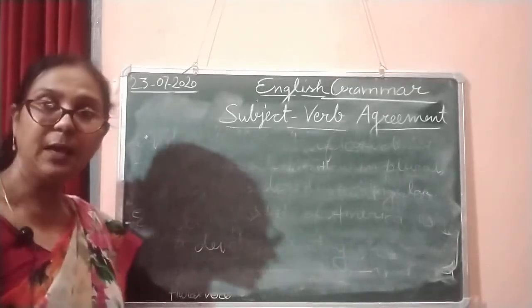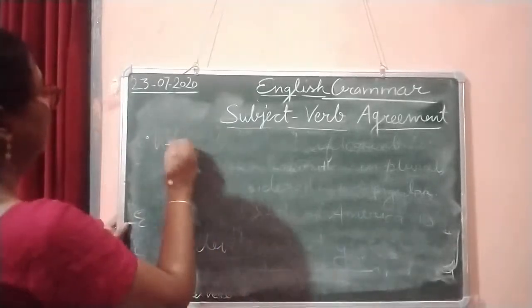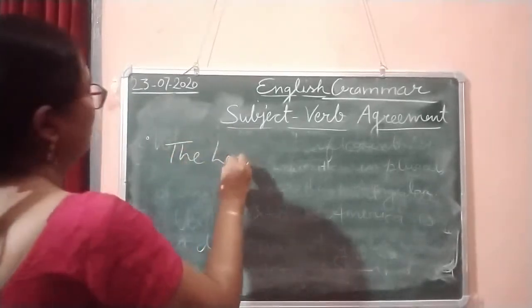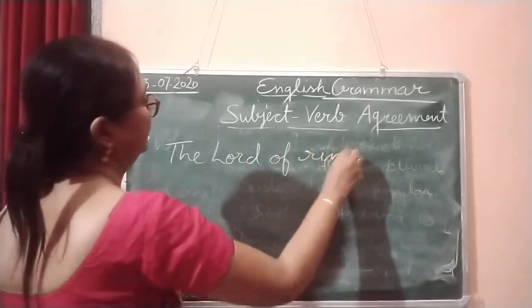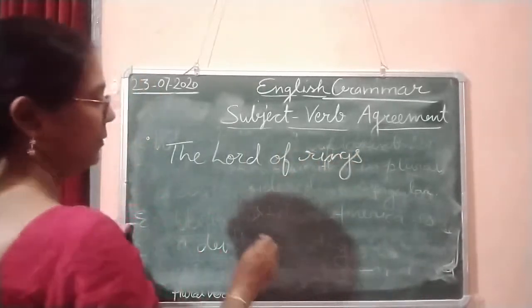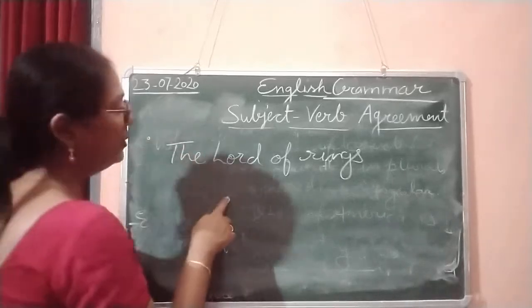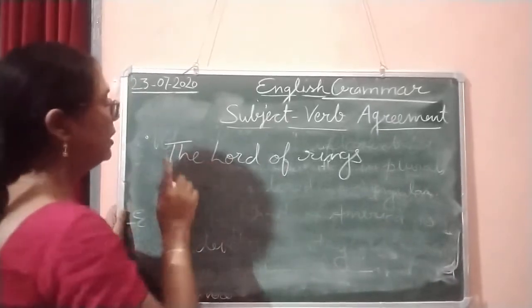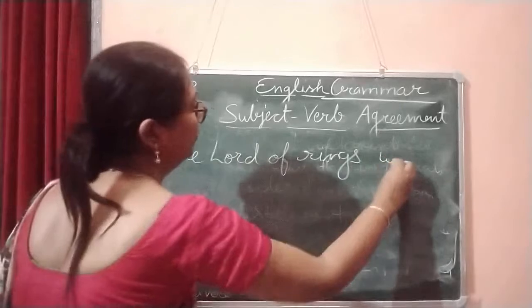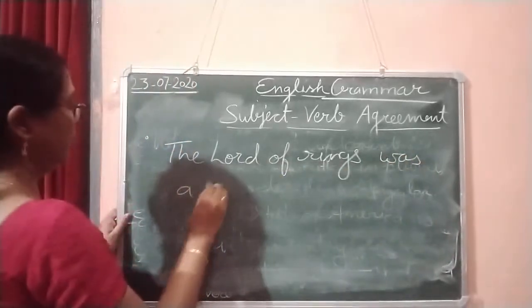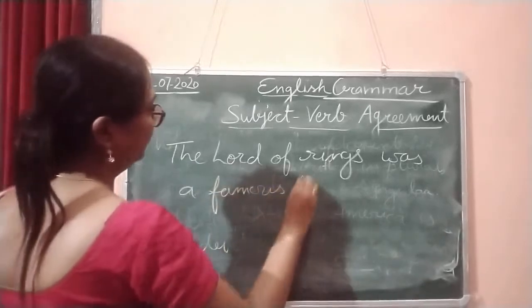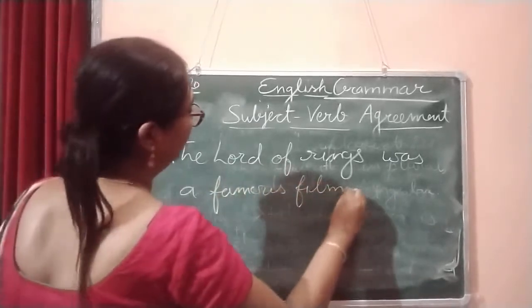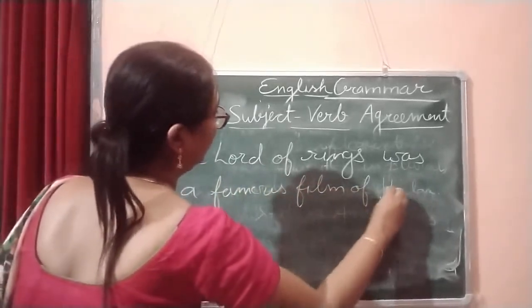Now next example, The Lord of the Rings. This is the name of a film, a very famous Hollywood film. The Lord of the Rings was a famous film of Hollywood.